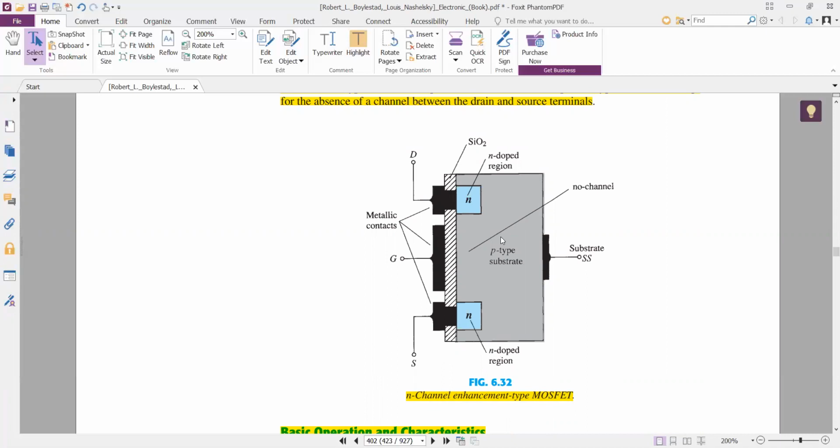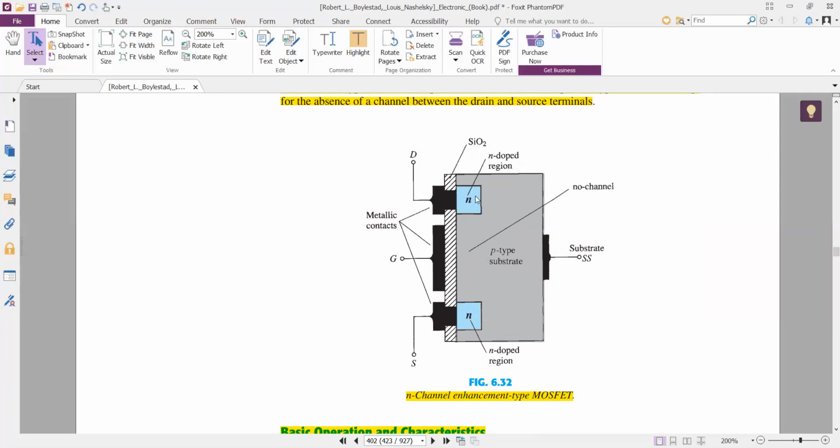It has a P substrate, which is also called a body, and this body is made up of P-type semiconductor, while there are two N-type material portions embedded in the P substrate, and metal connectors are connected with these two N-type semiconductor portions.